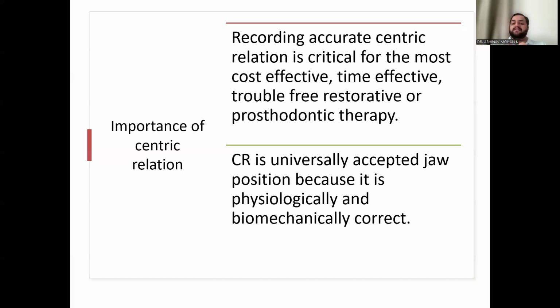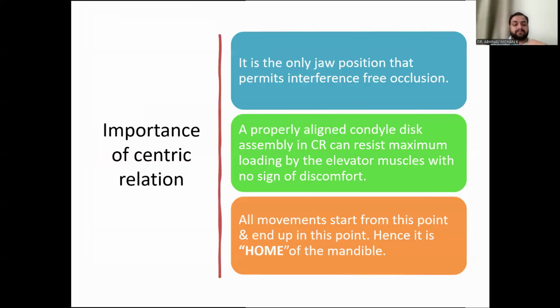Other than that, the strain the joint receives is considered with respect to the ligaments. We are talking about ligaments which are unstrained. So in your centric relation position, the ligaments are considered totally unstrained and in a physiologic state. That is again an importance of centric relation.